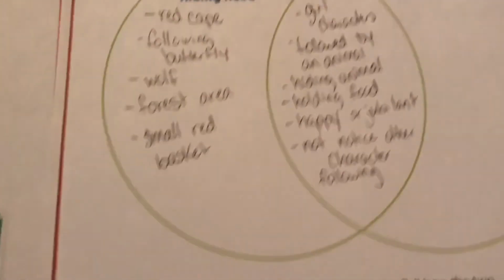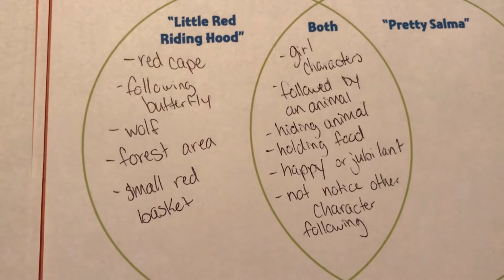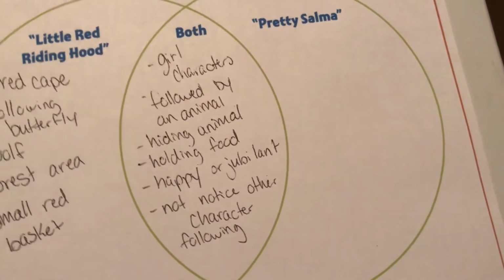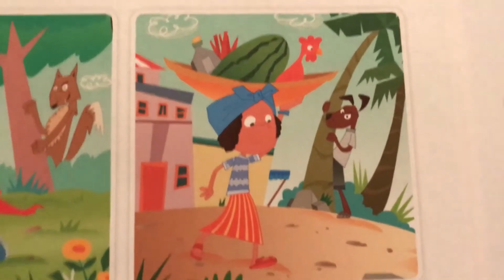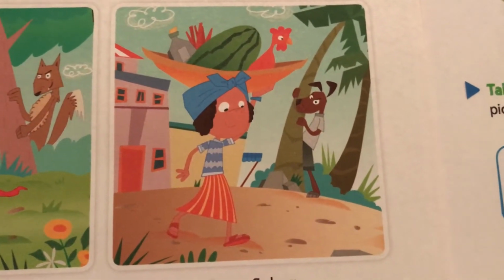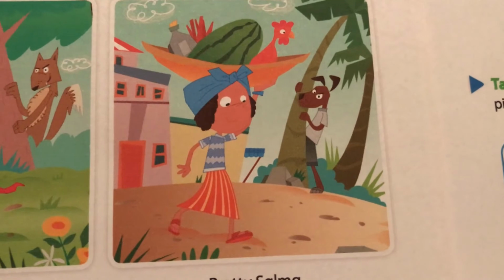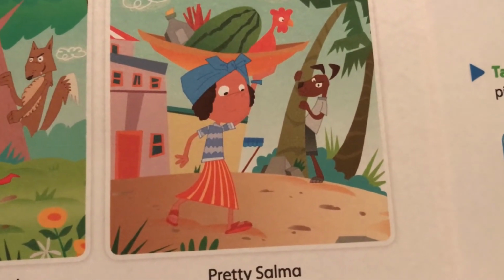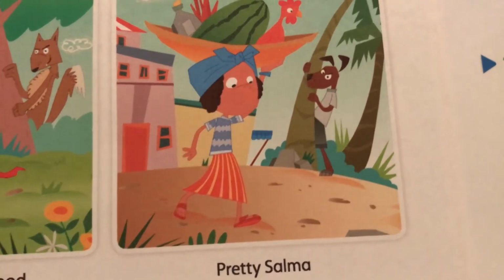Alright, well, so I filled out the Little Red Riding Hood side. And now we're going to work on our little Pretty Salma side. So let's draw our attention to that picture now. Pretty Salma. Well, right away I can see that she carries the basket on her head.